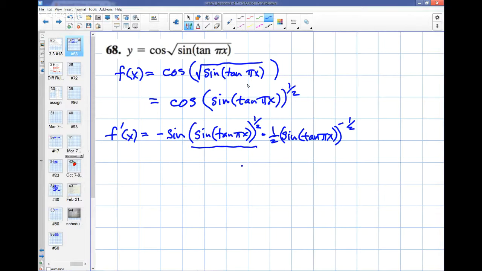Now, what's the next thing going on inside? As I move inside those parentheses, the next thing is what? The sine. It's this sine now. And what's the derivative of the sine? It's the cosine of the tangent of pi x.